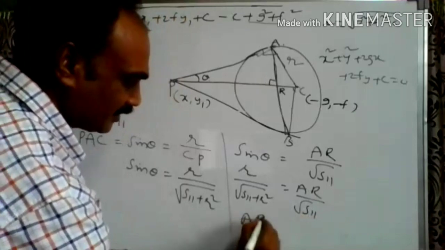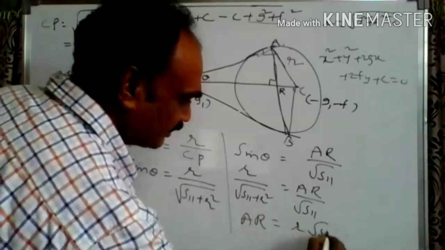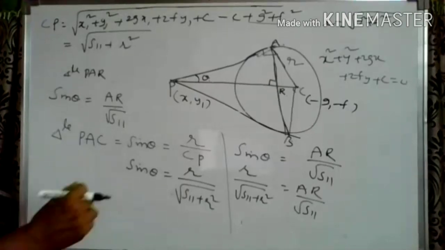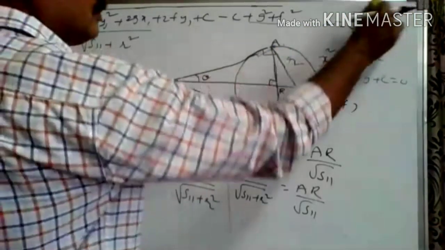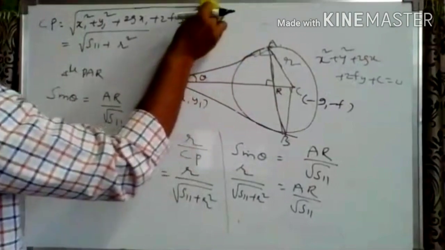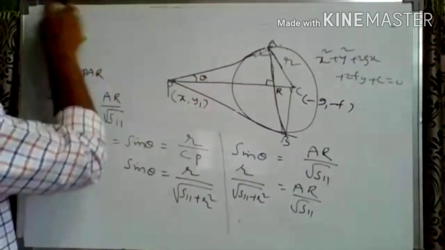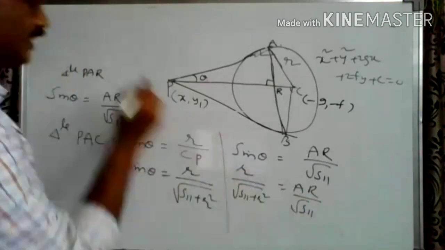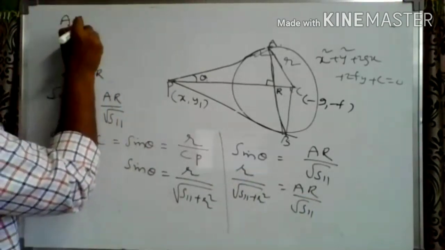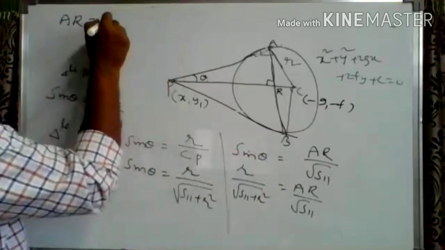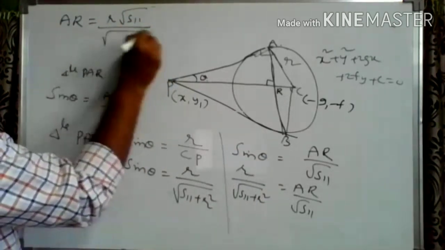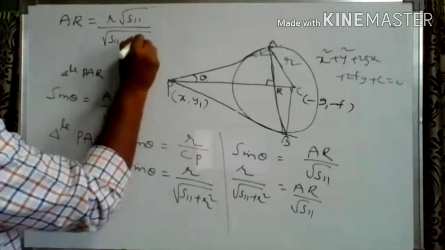This implies AR is equal to R into root S11 by root of S11 plus R square.